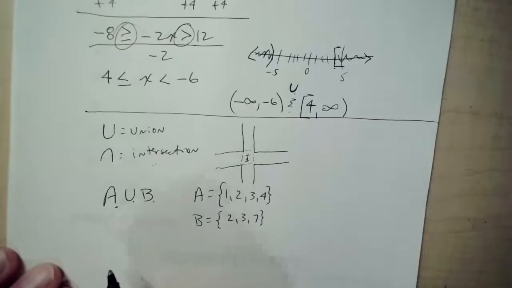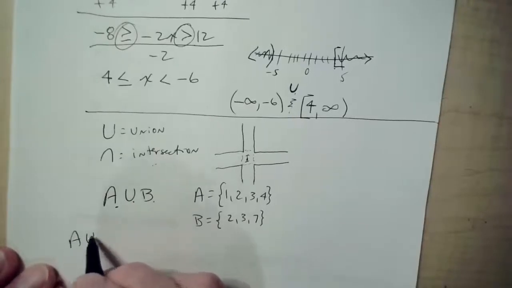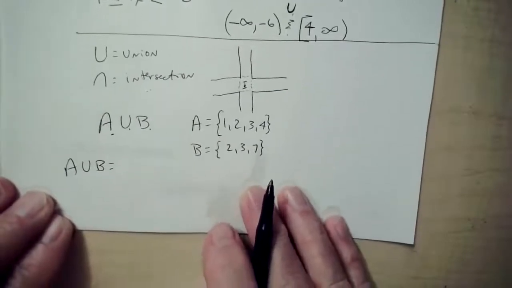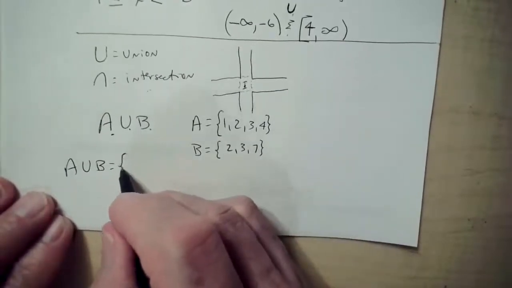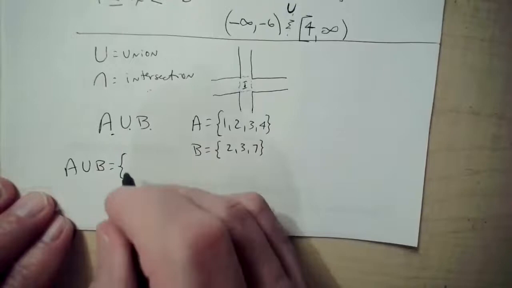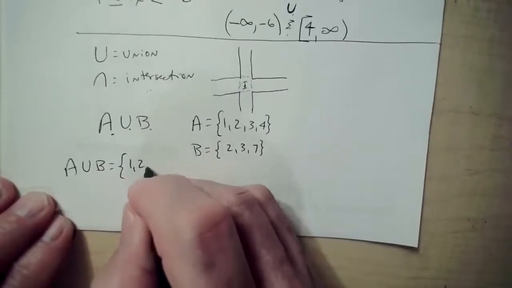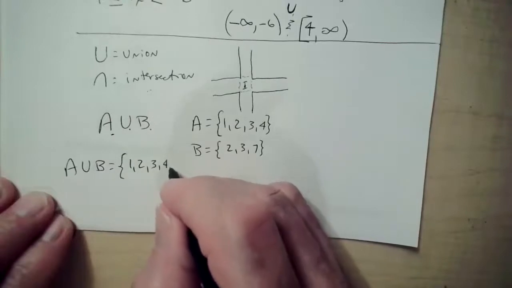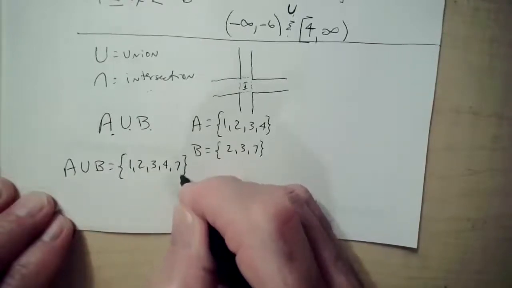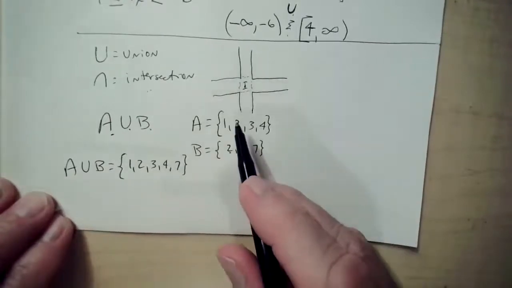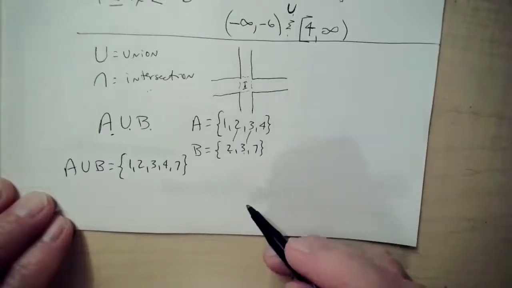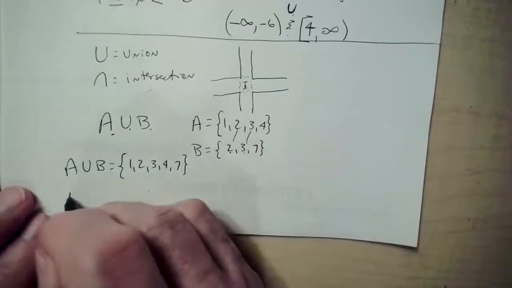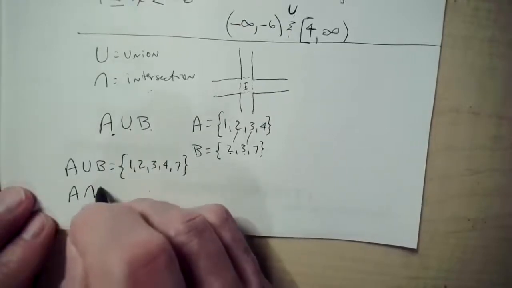Now A union B means the numbers that are in either one of these. So A union B is 1, 2, 3, 4, and 7. You don't need to write the 2 and the 3 two times.